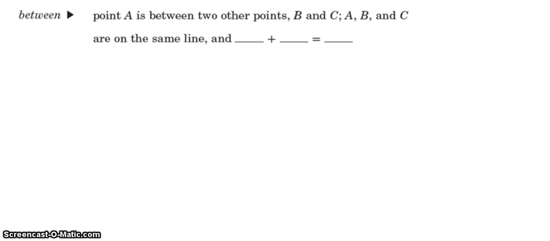Between. Point A is between 2 other points, B and C. A, B, and C are on the same line, and AB plus AC equals BC. Let me draw a diagram to show you what that looks like. We have line segment BC.